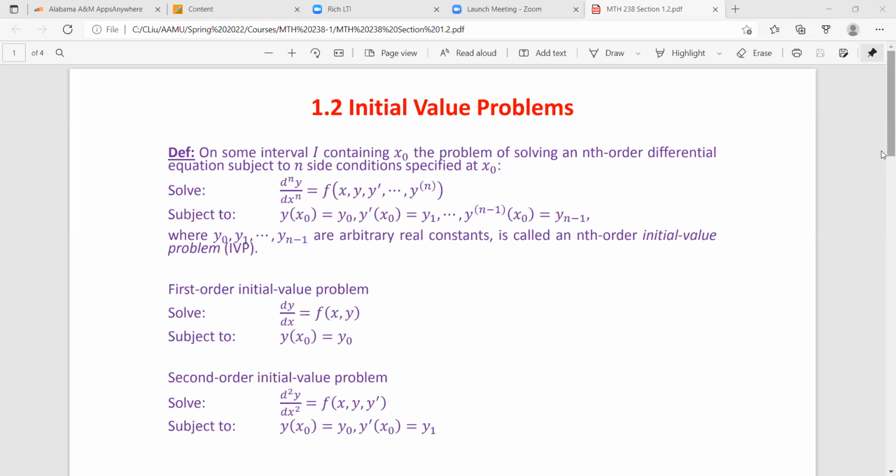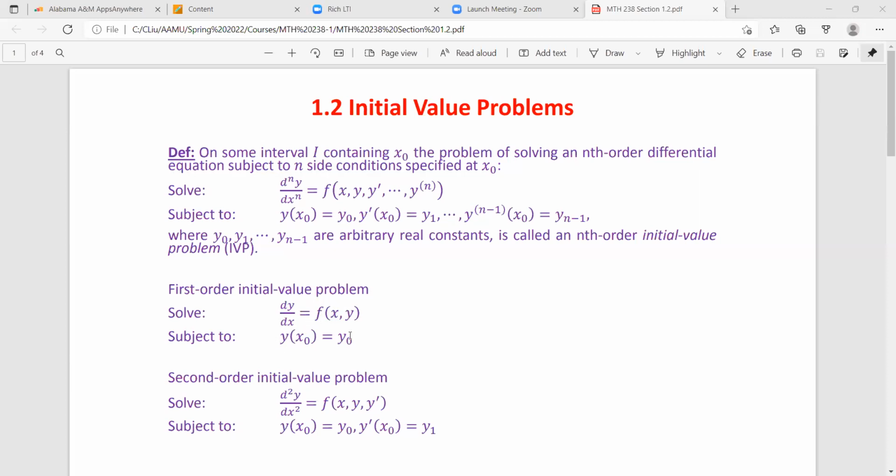So, for example, if we have a first order initial value problem, then we only need one initial condition. So the equation may be like dy over dx equals f of x, y. So this is the first order differential equation.